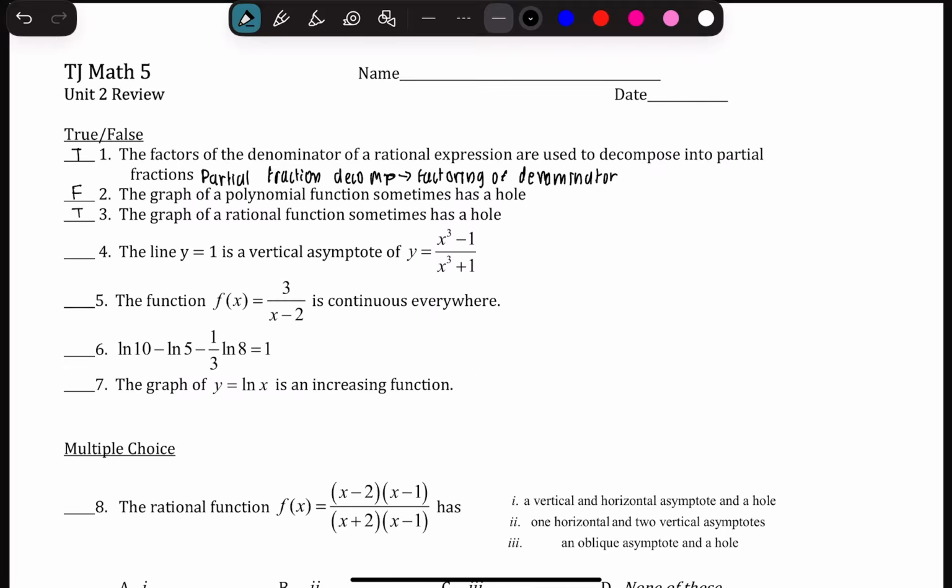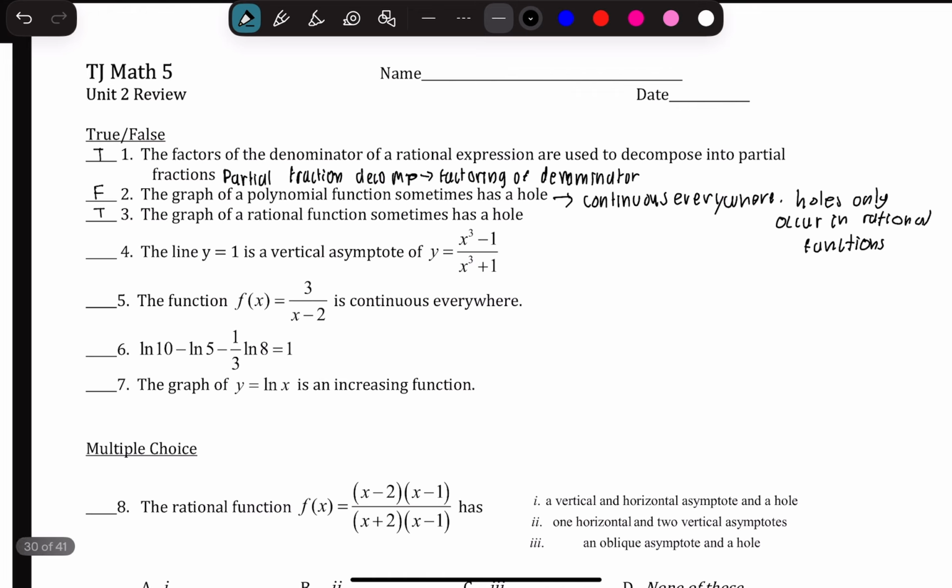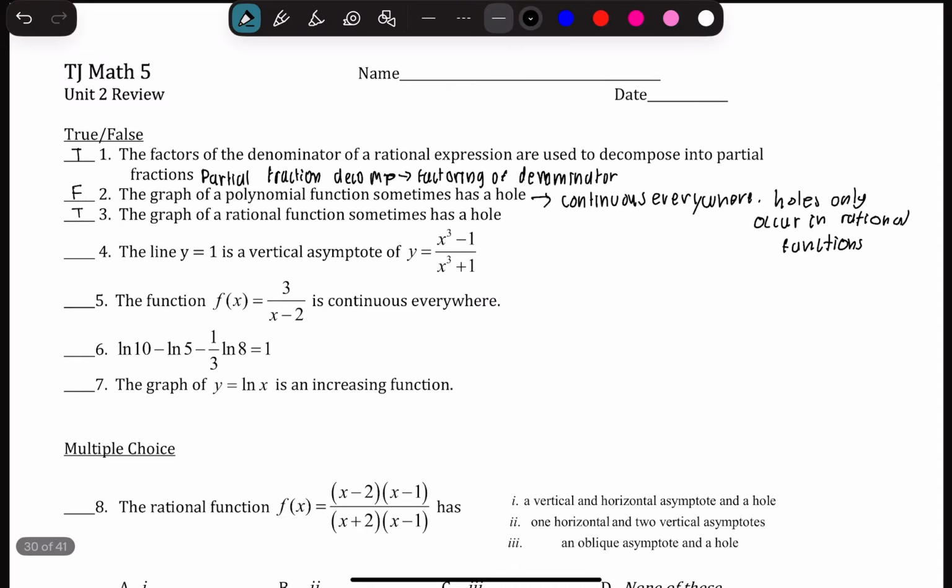The graph of a polynomial function sometimes has a hole. This is false because polynomial functions are continuous everywhere. And holes can only occur in rational functions because of the division and the constraint of making the denominator not equal to 0.